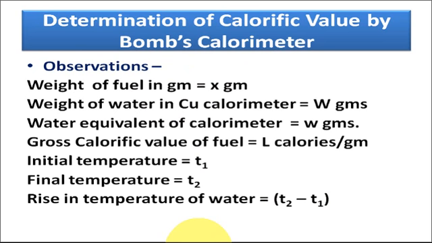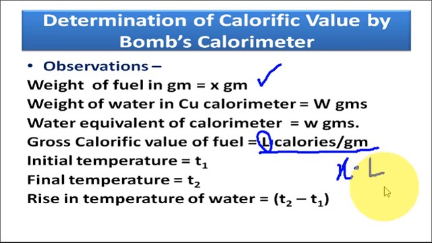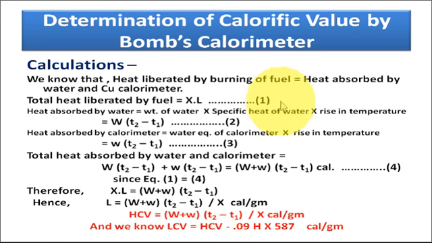X is the total amount of fuel sample and L is the heat energy liberated per unit mass of the fuel. So if 1 gram of fuel releases L calories, then X grams of fuel releases X multiplied by L. So this is the total amount of heat energy liberated by complete combustion of the fuel.